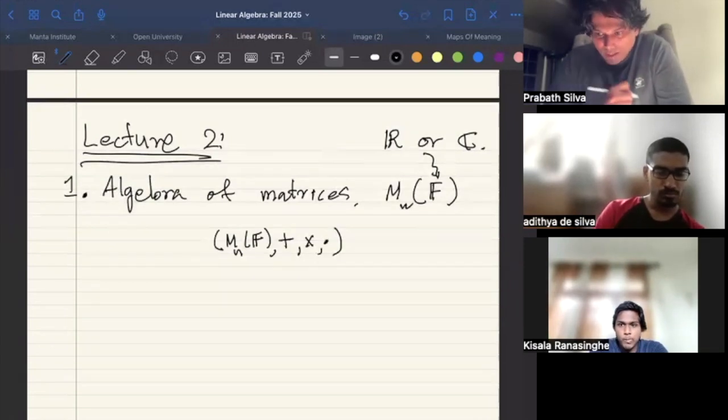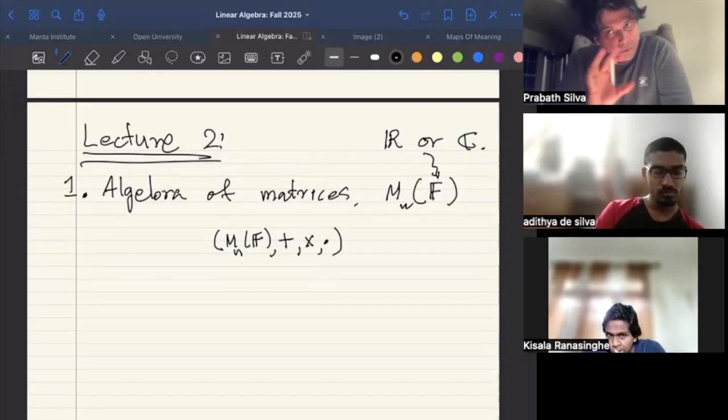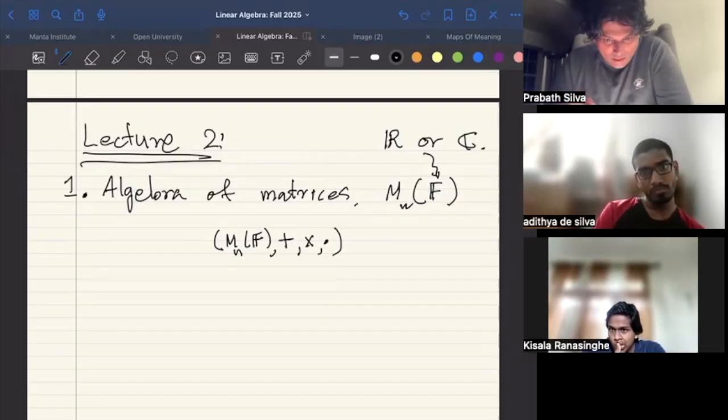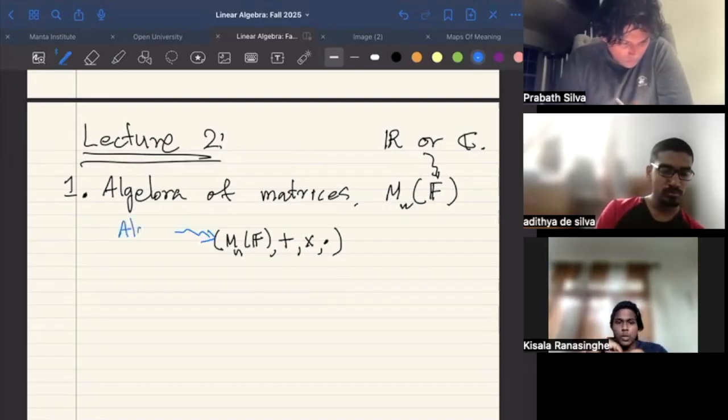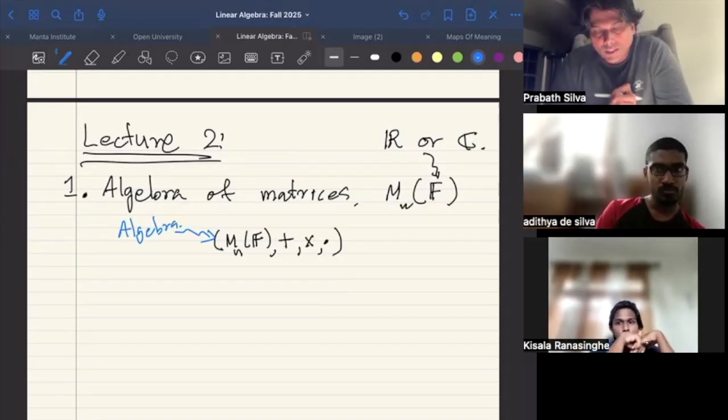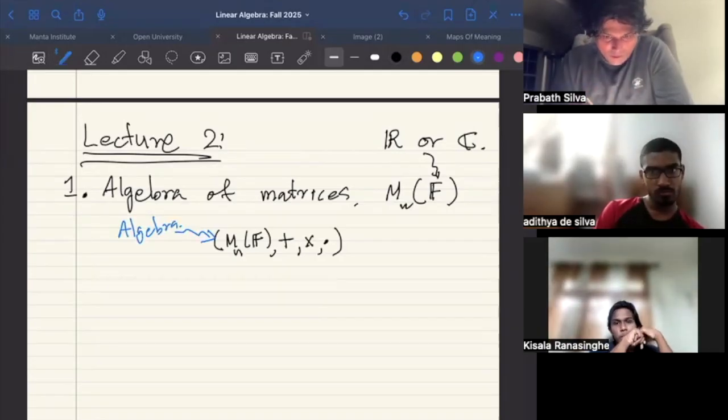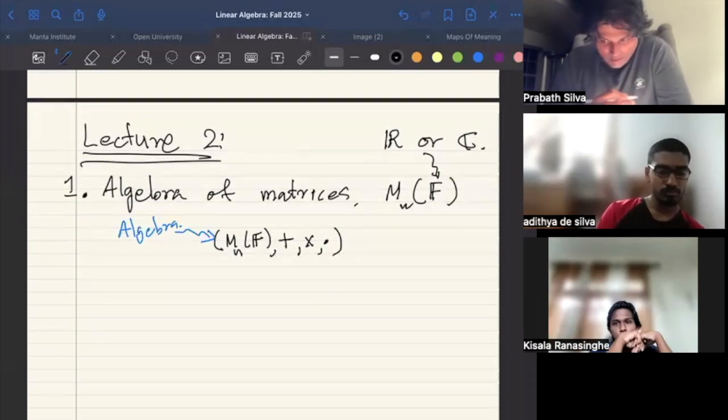Now this is the full structure for matrices, and this is called an algebra. We will show that this is an algebra. Now there are smaller structures in here.